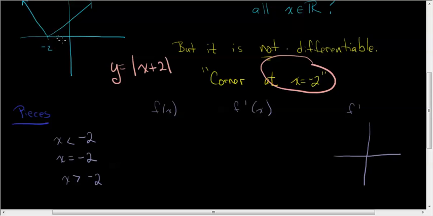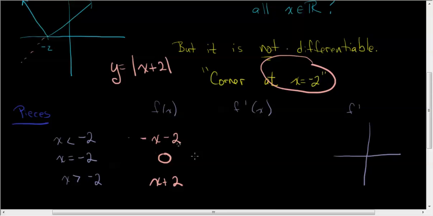When I'm less than negative 2, it's the opposite of x plus 2, and of course that becomes negative x minus 2. When I'm equal to negative 2, that function has a value of 0. And when I'm greater than negative 2, since my y was positive, nothing changes. The function is still x plus 2.